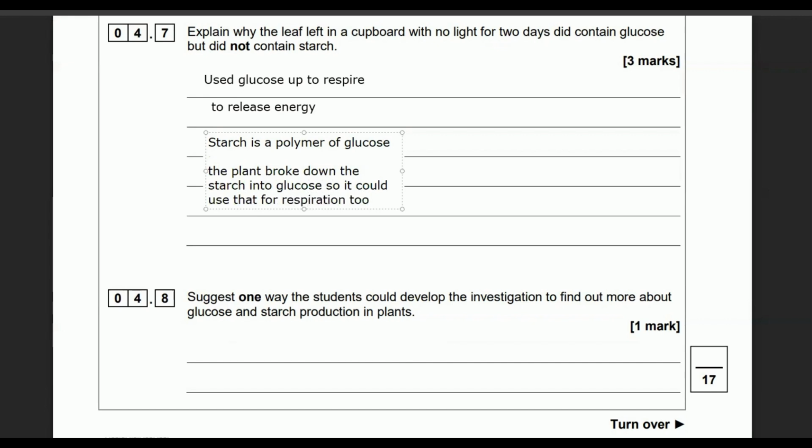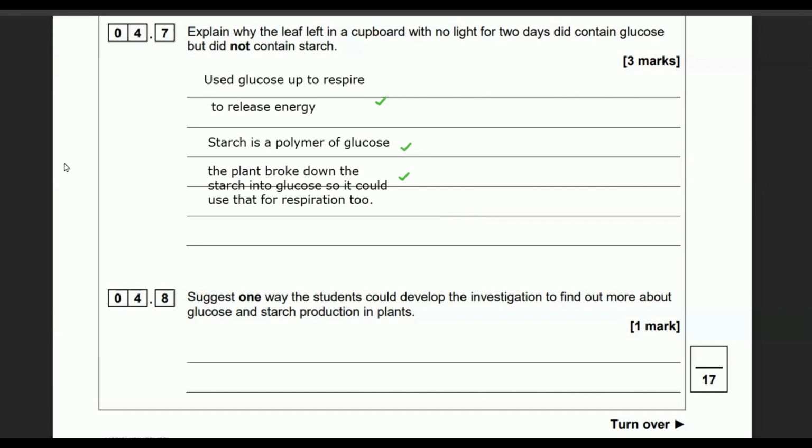It might have wanted to use that glucose to make proteins, or for other things, but essentially it needed to use that glucose for metabolic reactions, to make stuff. So it had to break up the starch. The starch is a long-term energy store. So using up the glucose for energy, for respiration, starch is a polymer of glucose. It got broken down. Okay, cool.